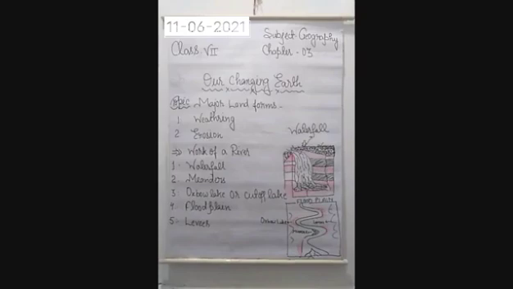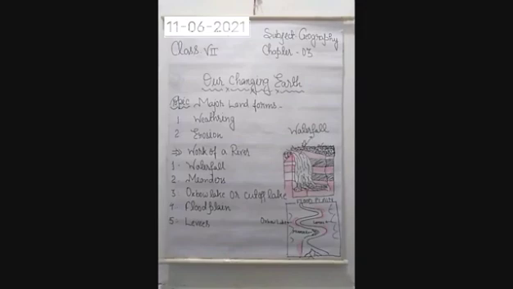Students, this process of erosion and deposition is responsible for the creation of different types of landforms on the surface of the earth. In simple language, when rocks are weathered, or breaking up, this is also responsible for the formation of different types of landforms.